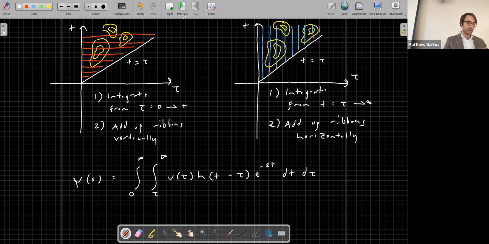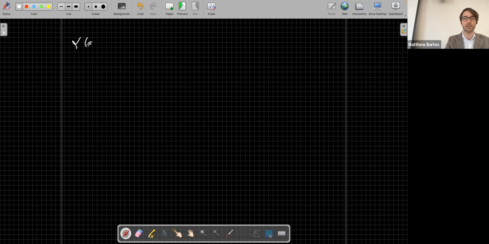Okay, so looks like we're kind of getting somewhere. Next, I'm going to take this integral and multiply it by 1. So we have the double integral from 0 to infinity, tau to infinity.